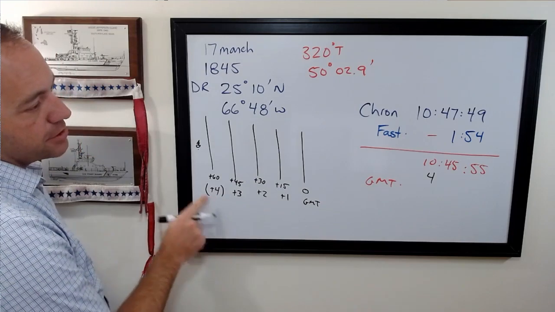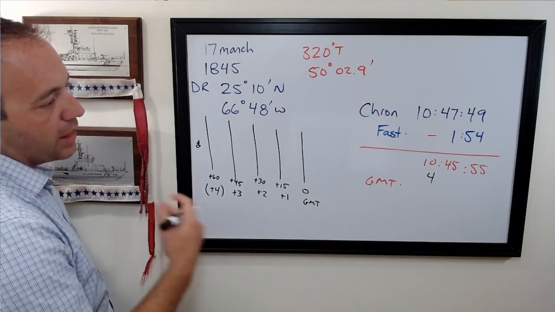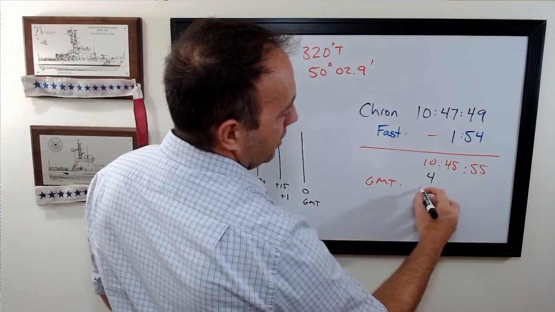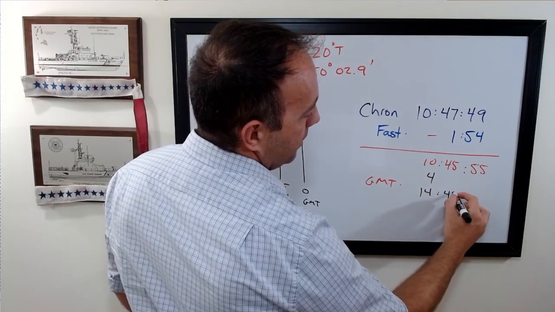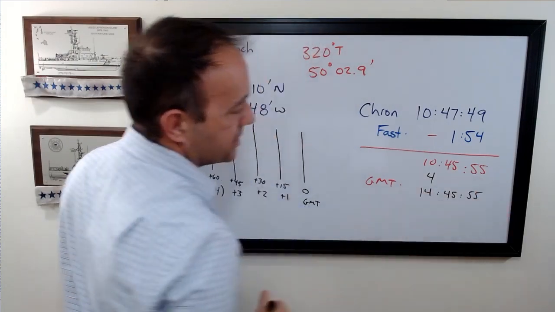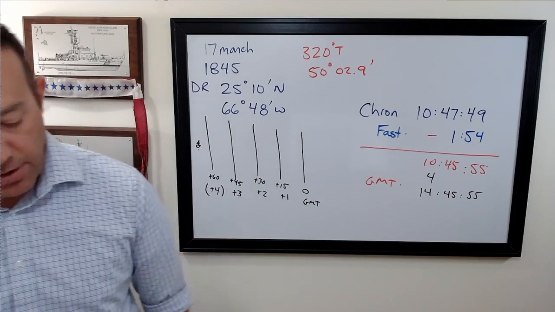So this is our chronometer time, 10:45, and we'll add the 4 hours to it, and we'll get 14:45:55. That's the GMT time that we need there.